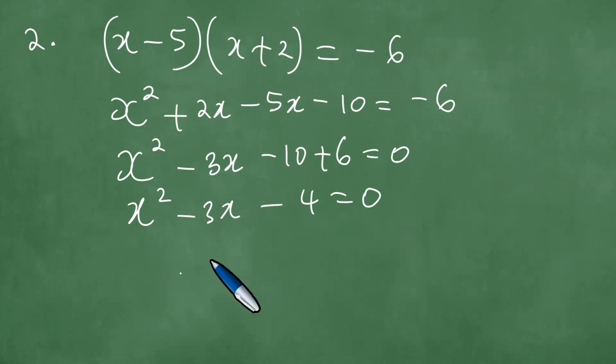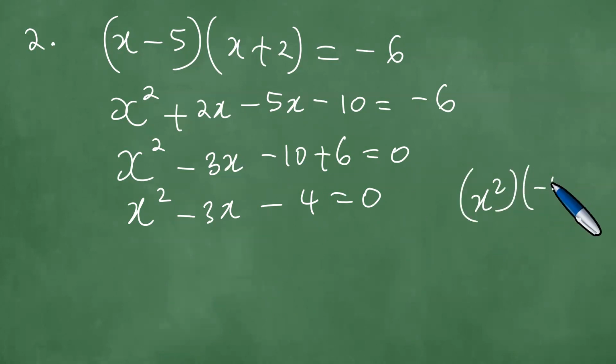Okay, what are the factors of this here? How do we get the factors? We first look for numbers that when you multiply, you get negative 4, and when you add them, you get negative 3.